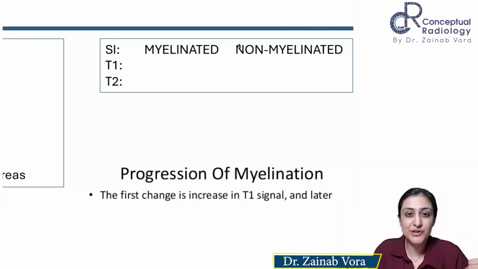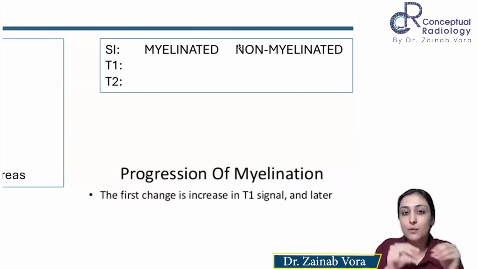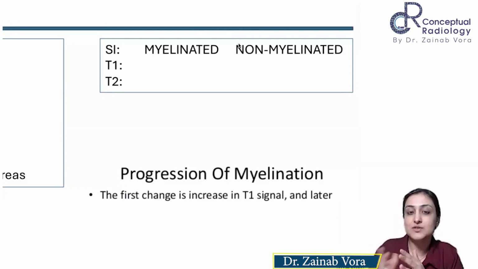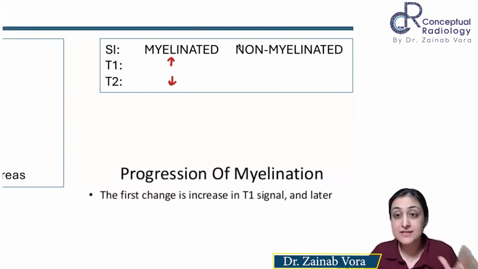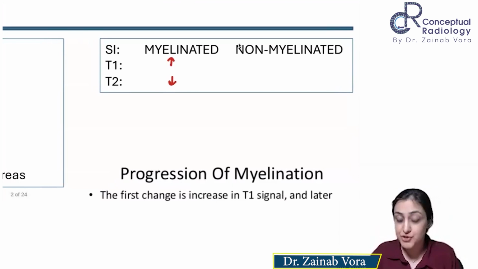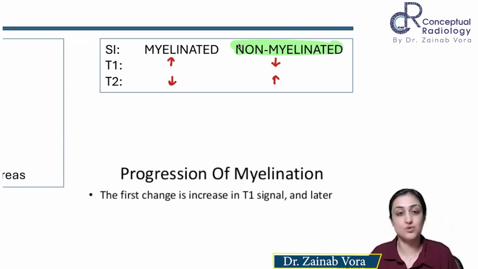How I used to remember it was, myelin sounds like fat, it's something fatty, so it resembles a fat signal. Or the other way of remembering this is that the water content decreases, so myelin is the opposite of fluid. Having said that, it is T1 hyperintense and T2 hypointense. This is how normal myelinated white matter should look. Non-myelinated white matter will look like the opposite, T1 hypointense and T2 hyperintense, which is pathological in general.